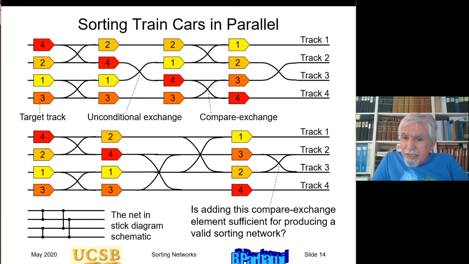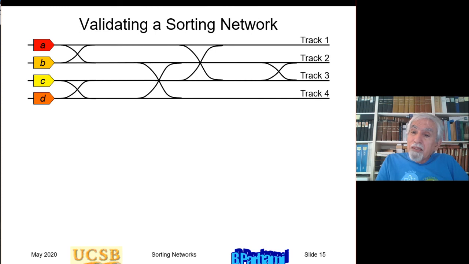So my claim is that this particular arrangement of tracks and conditional exchanges is always adequate to sort 4 trains. Of course, I need to prove this. It worked for this particular initial arrangement, but there's no guarantee that it will work in all cases, okay? So how do I validate this?